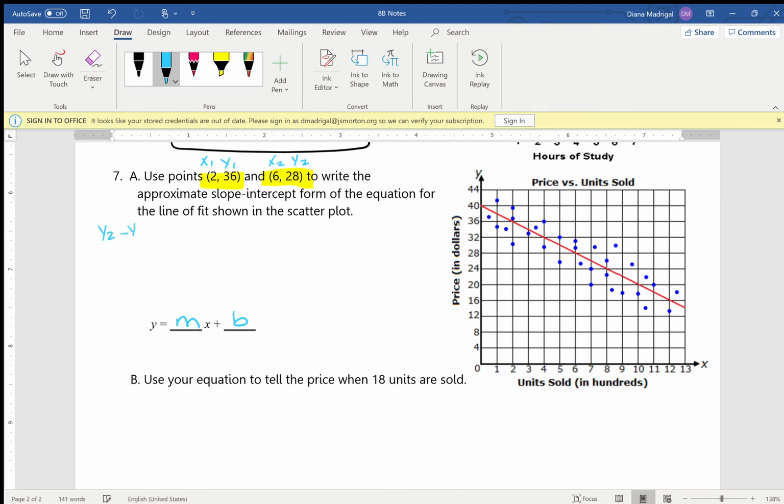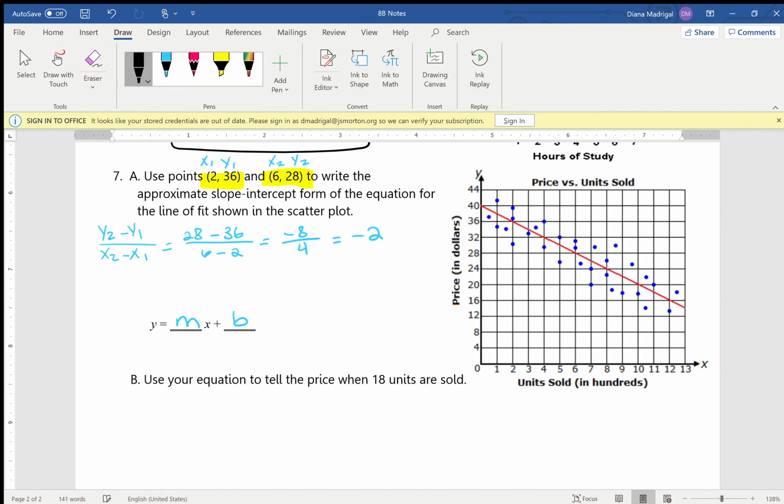First thing is I'm going to find the slope. y2 minus y1 over x2 minus x1. 28 minus 36 over 6 minus 2. 28 minus 36 gives me negative 8, and 6 minus 2 gives me 4. Negative 8 divided by 4 gives me negative 2.